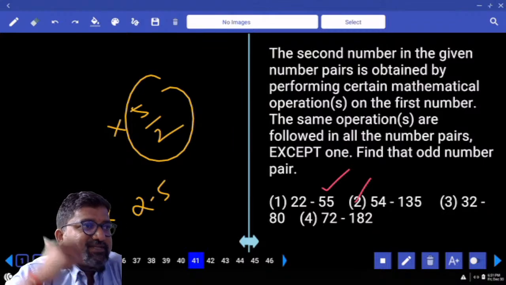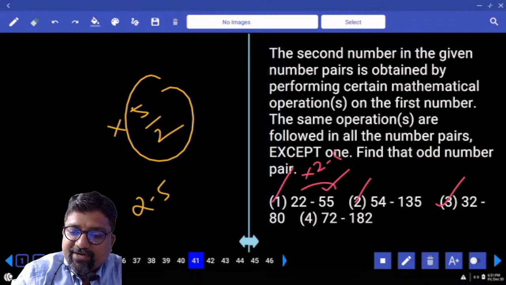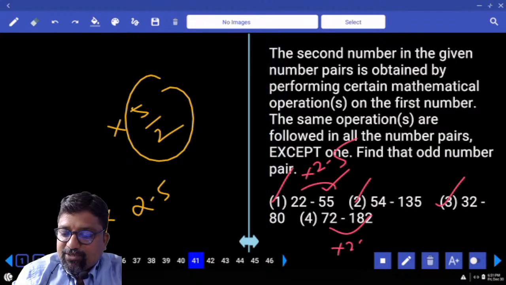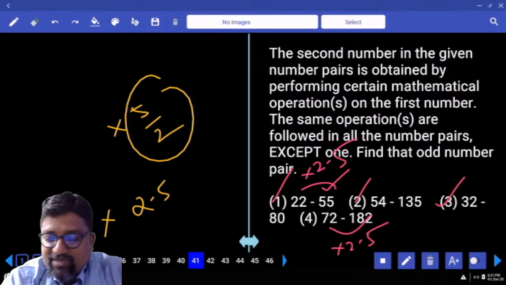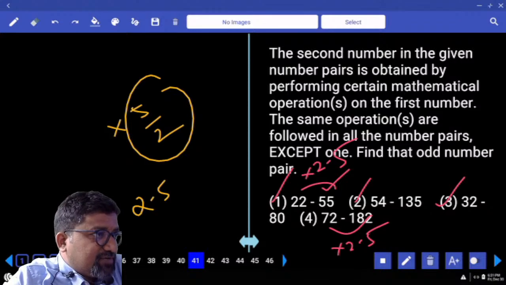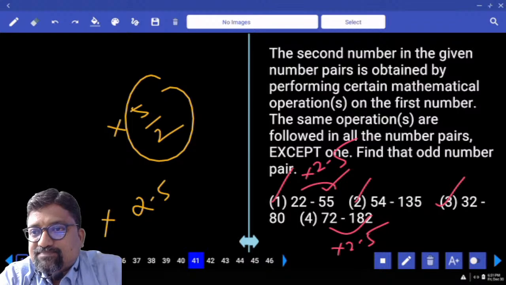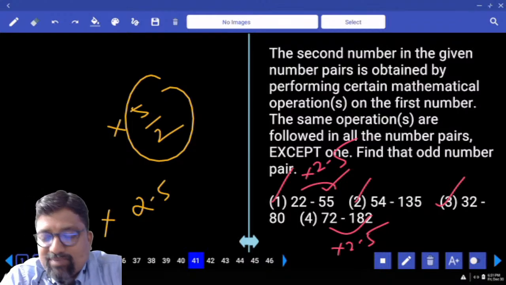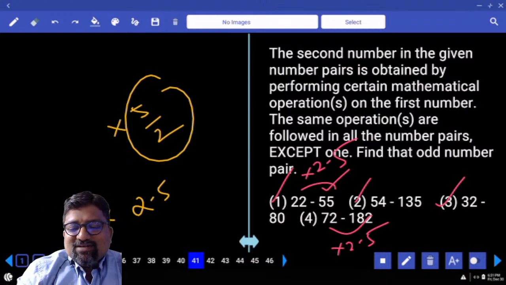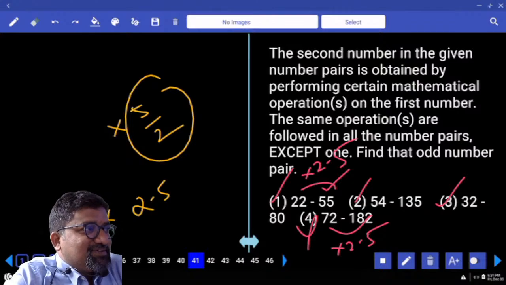64 plus 16 80. All the three following the same rule. I am doing into 2.5. 72 into 2.5. What is 70 into 2? 144. Half of 72 36. 144 plus 36 is it 182? అసలు ఫోర్త్ ఆప్షన్ చేయాల్సిన అవసరమే లేదు. ఎందుకు చెప్పు?